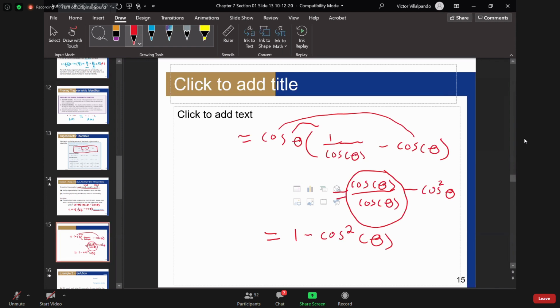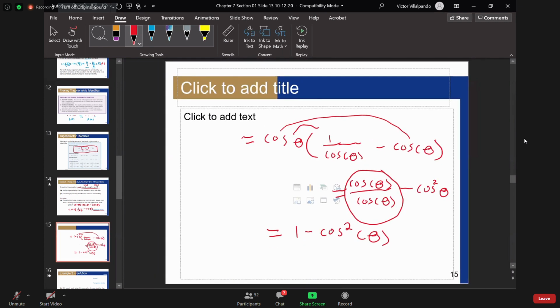All right. So here we have 1 minus cosine squared. I want you to remember Pythagoras' identity. I'm going to put a little star here: sine squared plus cosine squared equals 1. Remember this one?